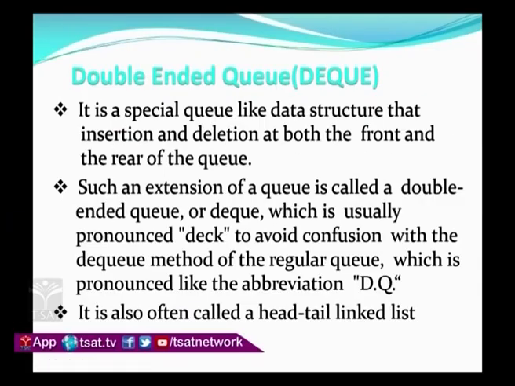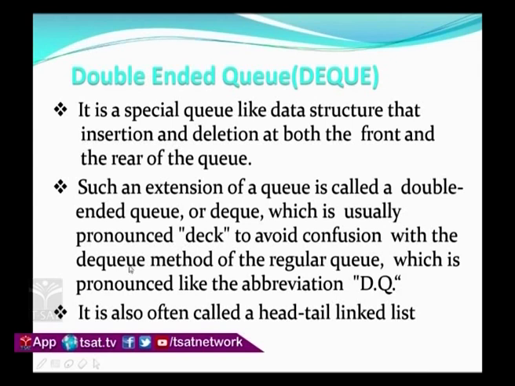In a linear simple queue, deletion is at one end and insertion is at the other end. This is the difference between the D queue and a normal queue. In a D queue, deletions and insertions are possible at both ends. Such an extension of queue is called a double-ended queue, because on both sides we can insert and delete.